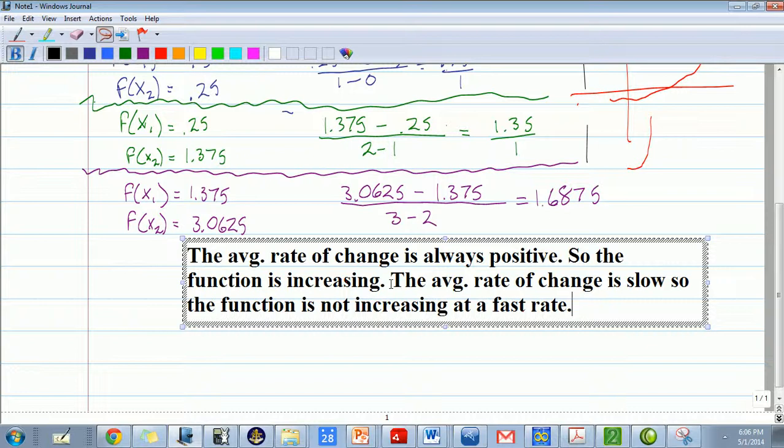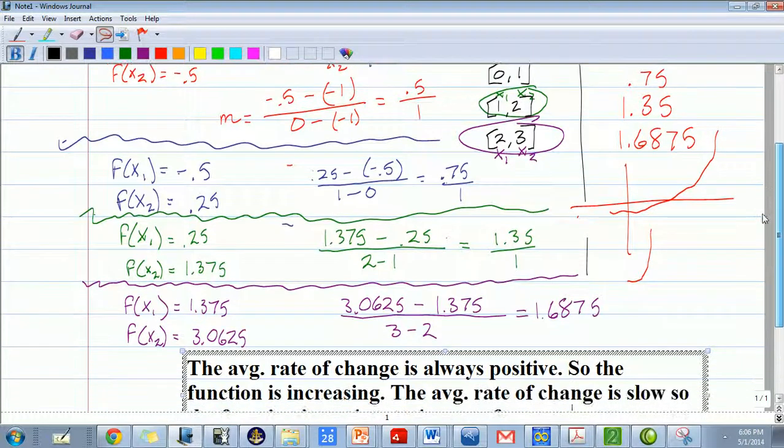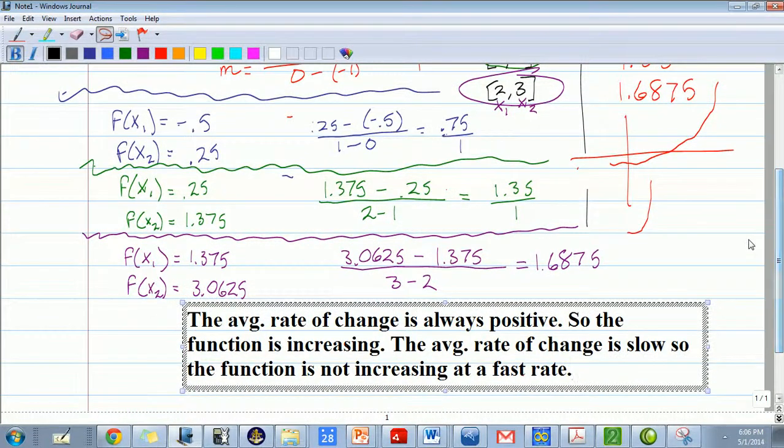So really, if you write something like that, I'd be okay with that, just to really give the general idea of what's going on with the interval, what's going on with the slope and everything like this. I hope this helps.